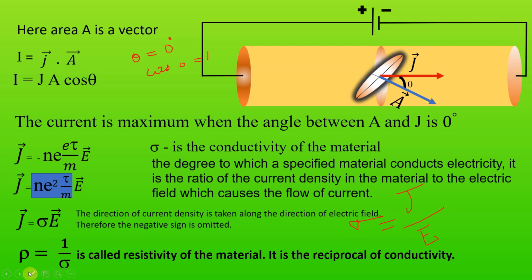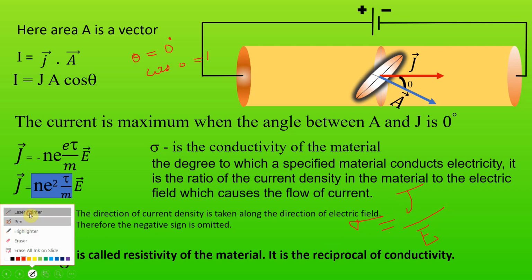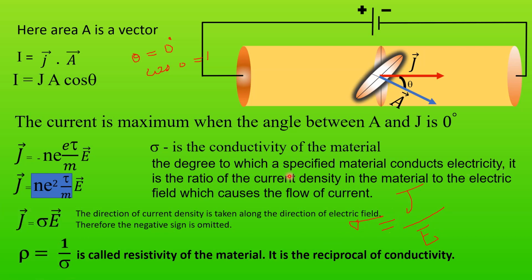So sigma is equal to J by E, which represents the ratio of current density and the electric field which causes the flow of current. So the larger the current density, the larger will be the conductivity. And rho is equal to 1 by sigma, and this is the resistivity of the particular material.